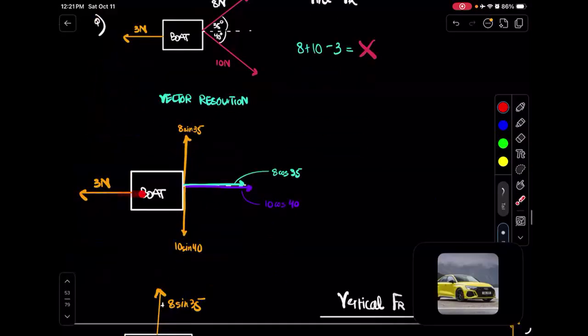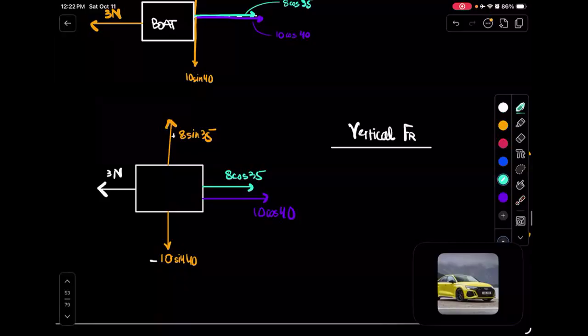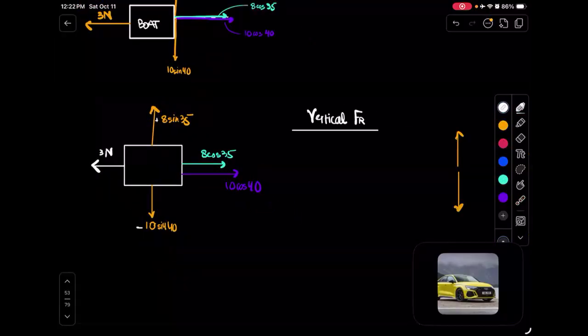So these are the horizontal forces. First, you've got to find out the horizontal resultant, and you've got to find out the vertical resultant, and then bring it down to only two forces. So for the vertical resultant force, let's take the upward as positive.